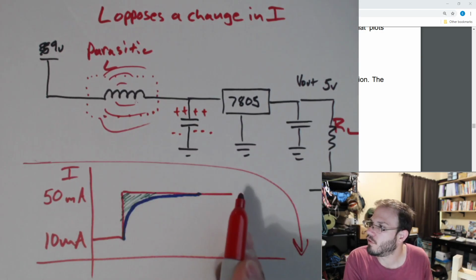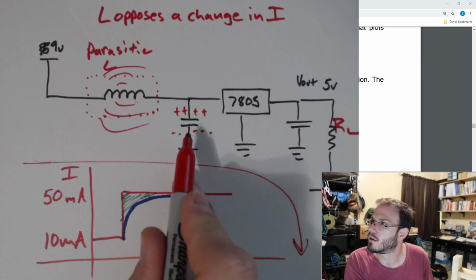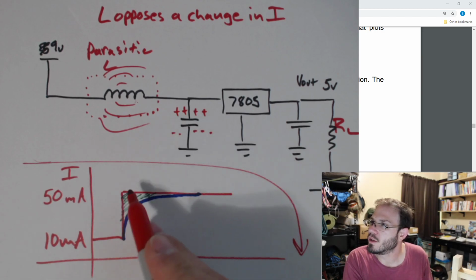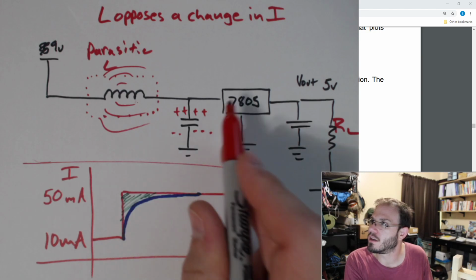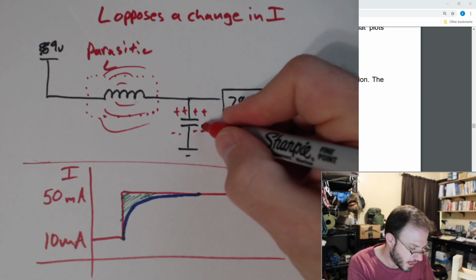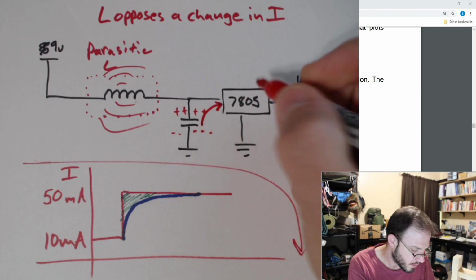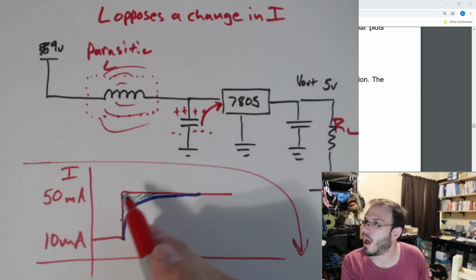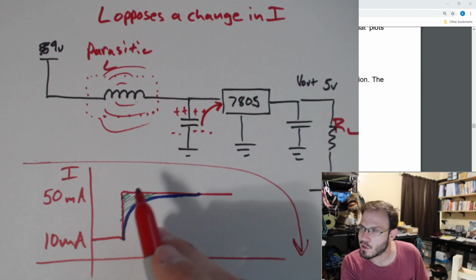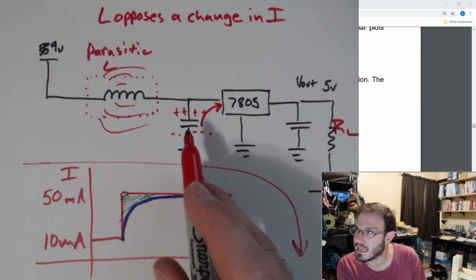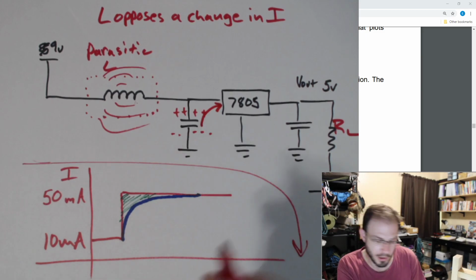So whenever we're at the flat points, this guy is charged up. But once we start to starve the device from the current, all of a sudden, the capacitor can make up for that difference. Okay? So we call this a decoupling or a bypass cap.